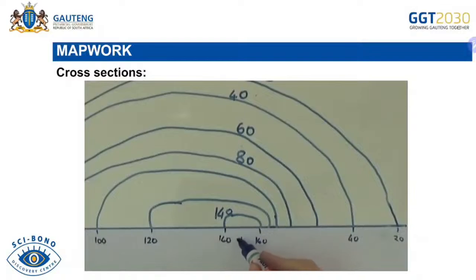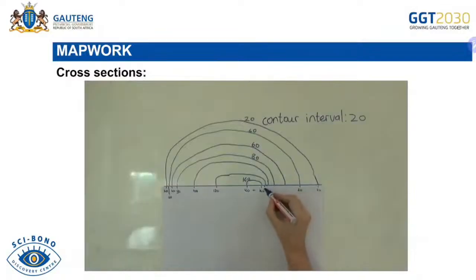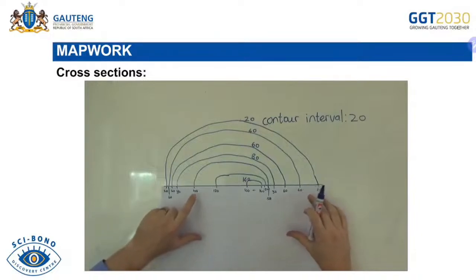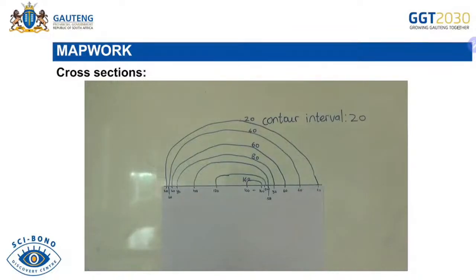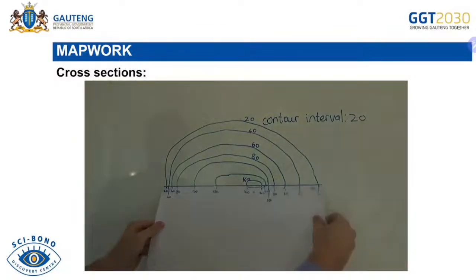So make a plus here. Very important to place your piece of paper properly and make sure it doesn't move. Otherwise, your cross-section won't be accurate. Right, let's go to step number 2.